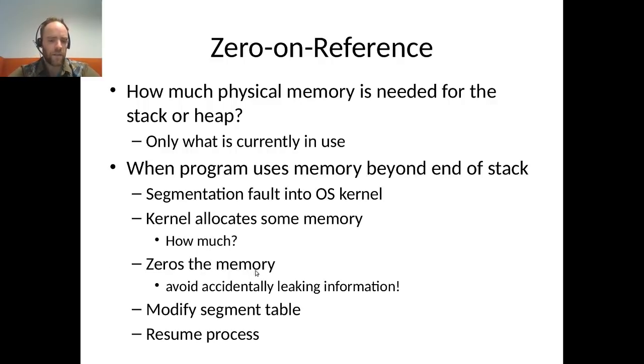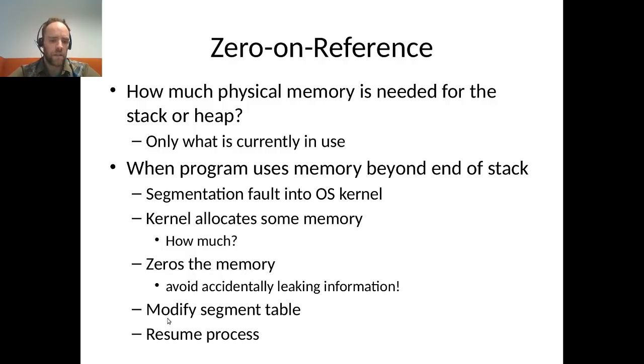Then we zero the memory. We want to make sure we do this because we don't want to reuse some memory that might have been used earlier, map it into our process, and then be able to read some sensitive data that was in memory before. So it's important that the kernel zeroes out the memory before it's given to the process.